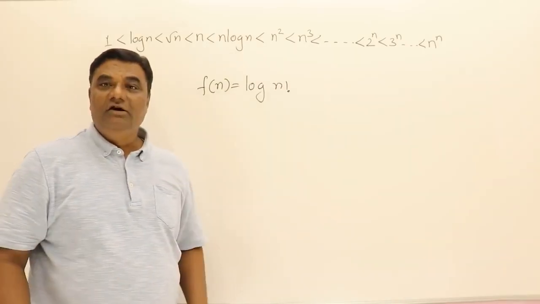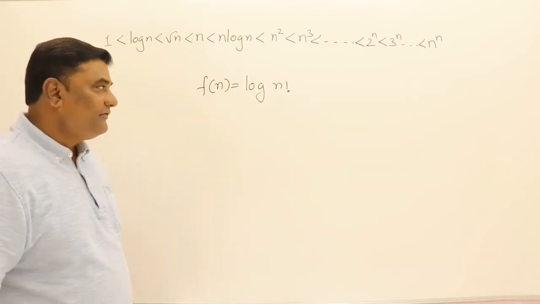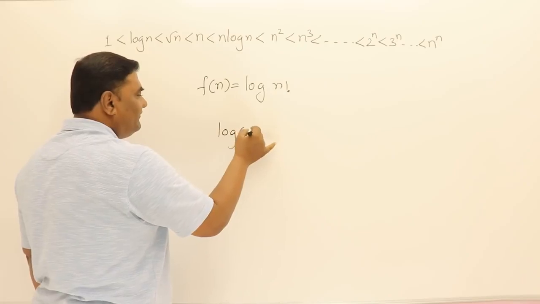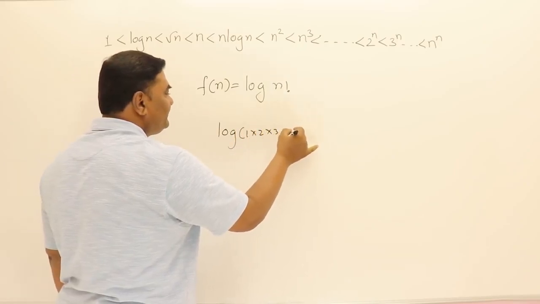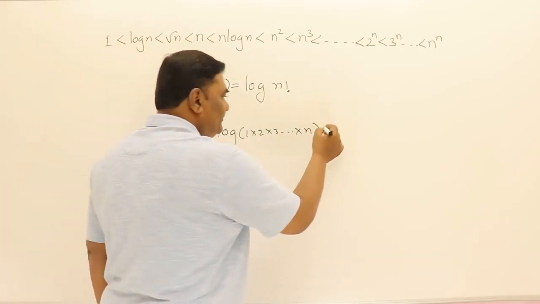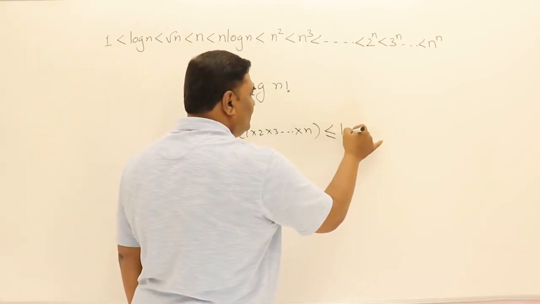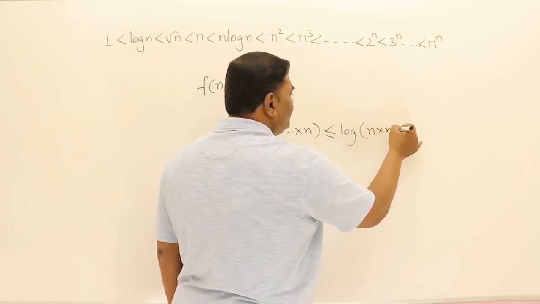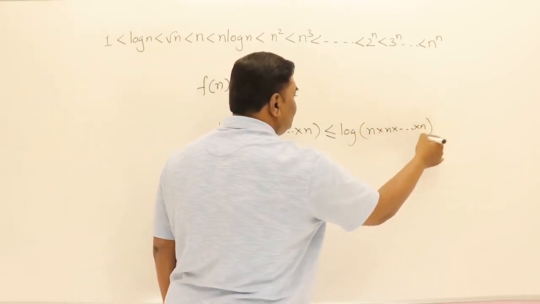Let's take log n factorial. So for log n factorial, if I write log of 1 into 2 into 3 and so on to n, then this is less than or equal to log of n into n and so on to n, as a practice we'll make everything n.